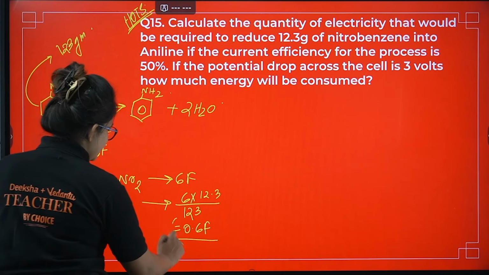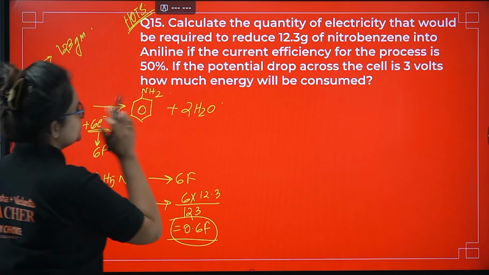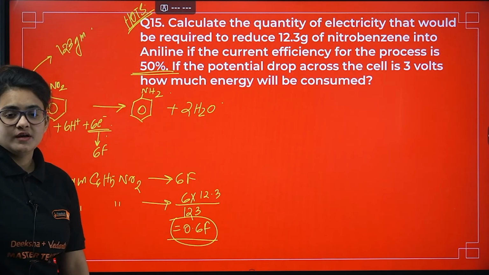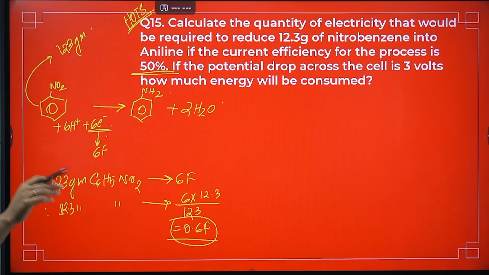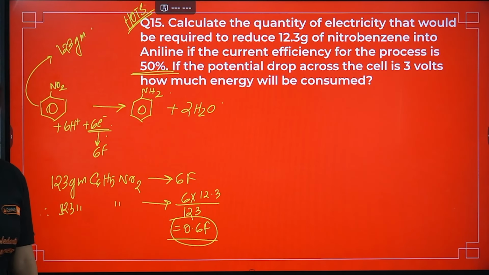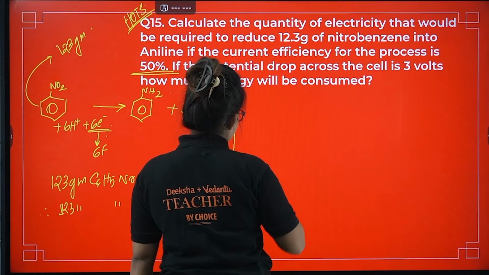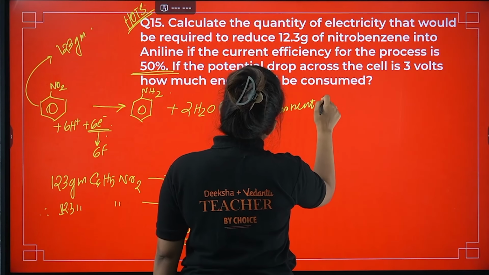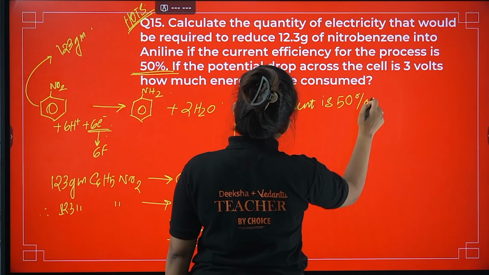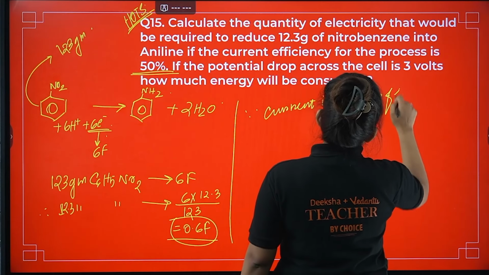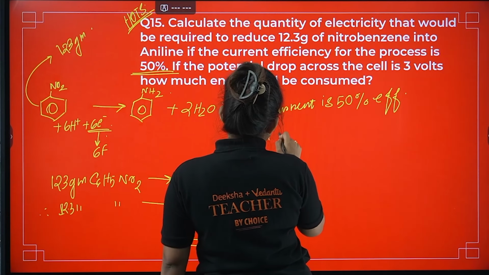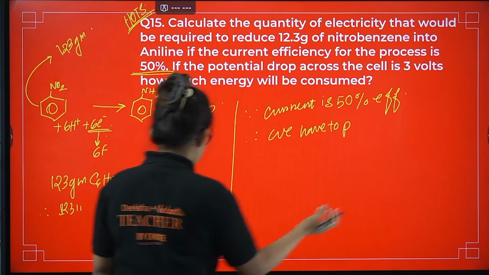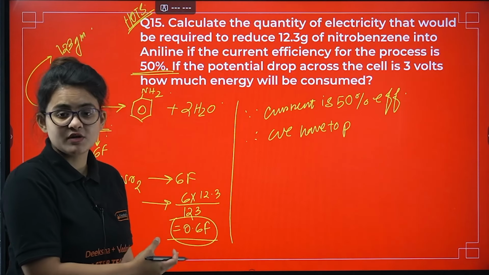Okay, so this much Faraday is required, but they are saying here something else. The current is 50% efficient. You can't give just 0.6 Faraday. So how much should you give so that you will get 0.6 Faraday? Since current is 50% efficient, hence we have to provide 1.2 so that it becomes 0.6, because 0.6 is required, right?